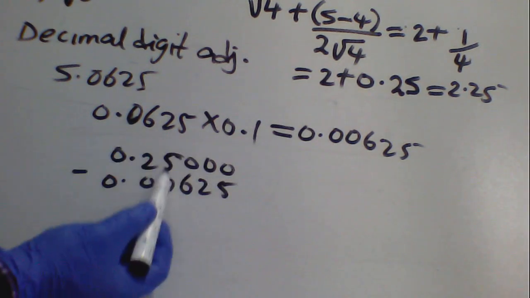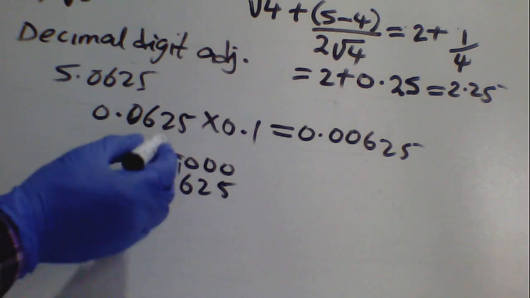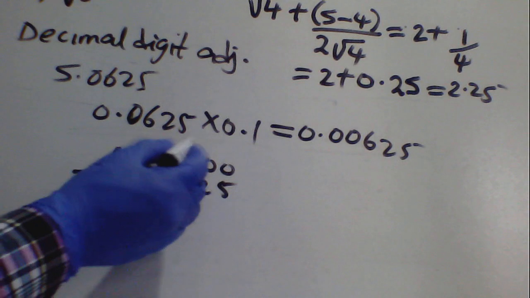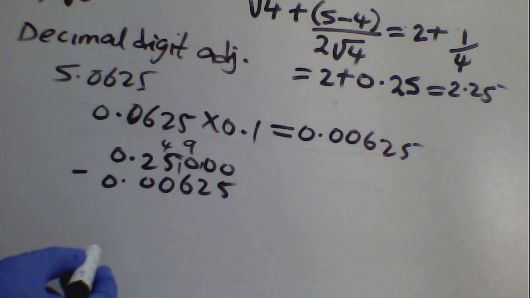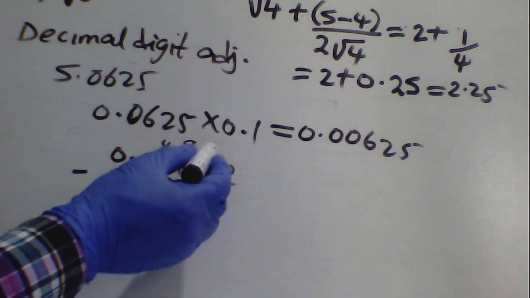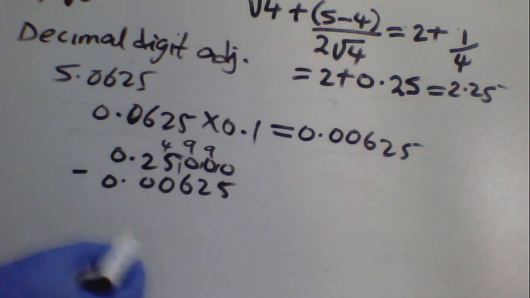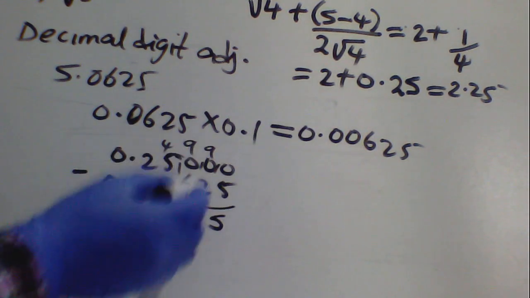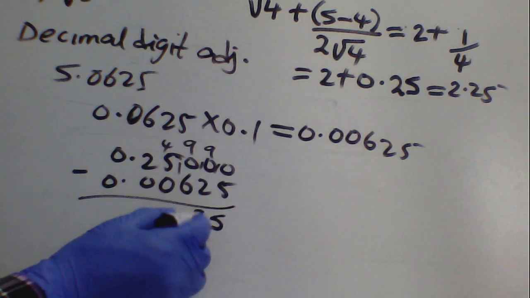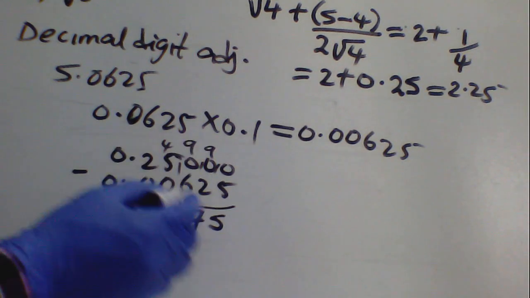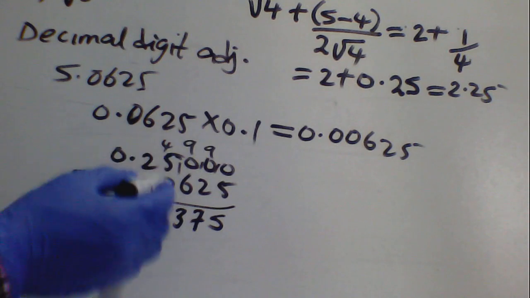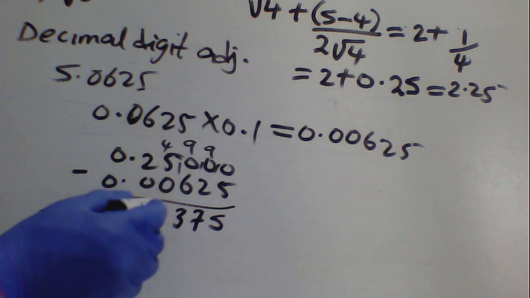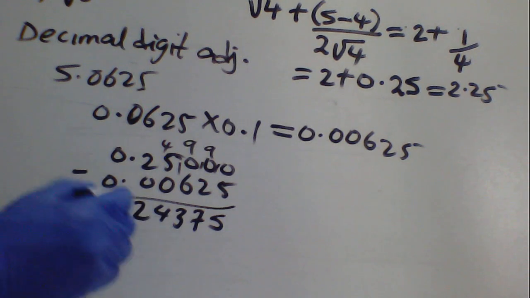In that case, carry 1 from 5, put here, what is left? 4 left. Carry 1 from 10, put here, that gives us 10. Carry 1 from 10, what is left? 9, put here, that gives us 10. So 10 minus 5 gives us 5. 9 minus 2 gives us 7. 9 minus 6 gives us 3. Remember, you carried 1 from here, so 4 left. 4 minus 0 gives us 4. You bring down the 2.